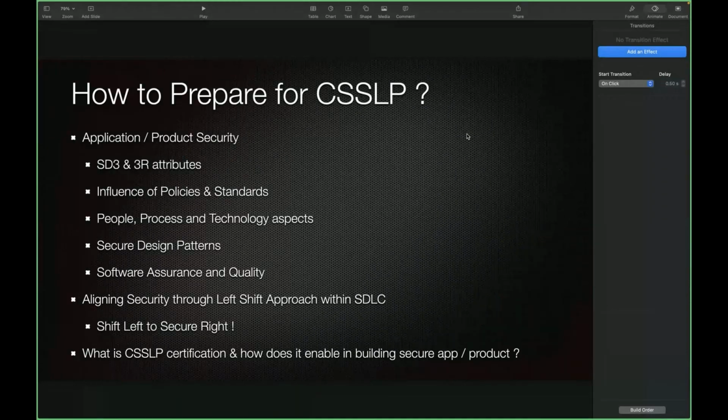The software which you are going to develop or deploy is not going to operate in a standalone or siloed manner. It is going to be integrated with a multitude of systems and interfaces, and the software must be designed in such a way that it is interoperable and also maintains the privacy aspect as well, right?